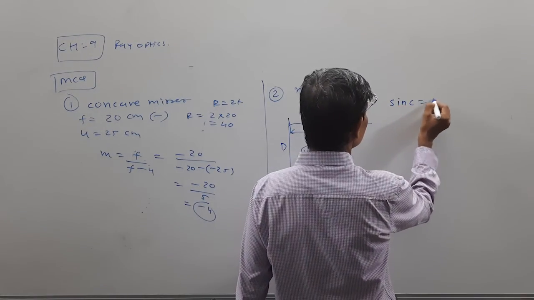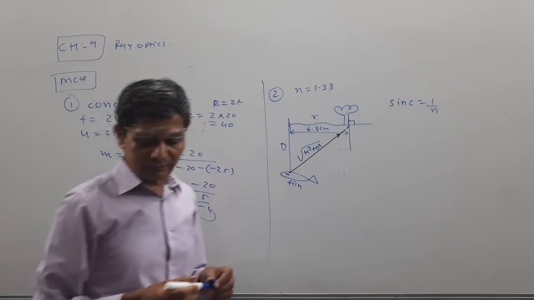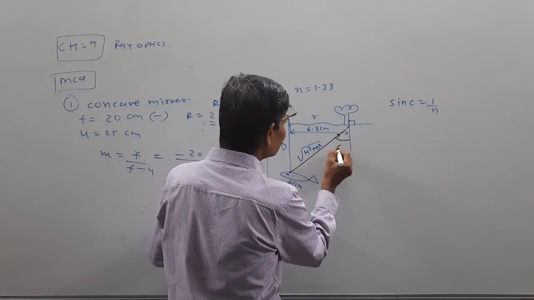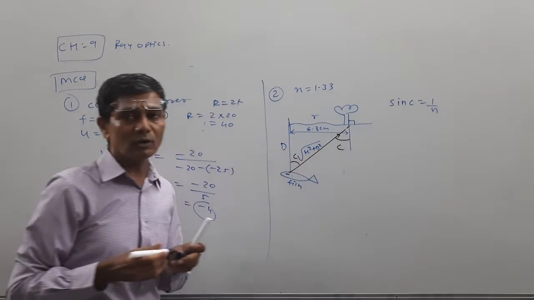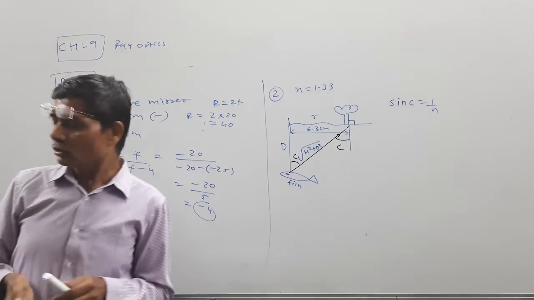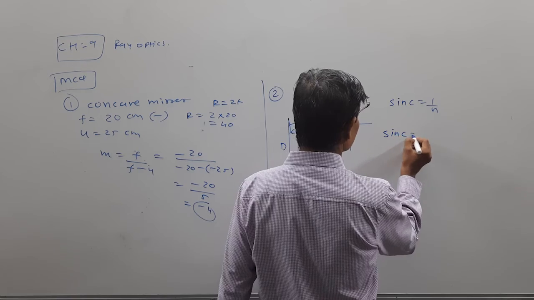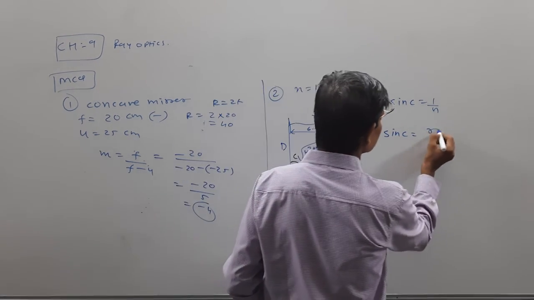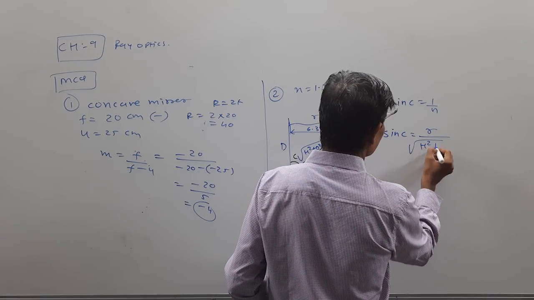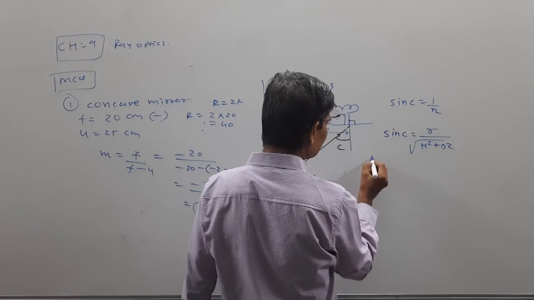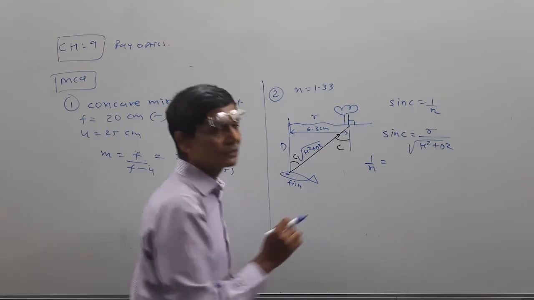See, sin C is 1 upon n. Now what you can see, if this is the critical angle, this also is a critical angle. Why? Because this is the transversal of two parallel lines. Now sin C is opposite upon hypotenuse. If we compare, n is the refractive index, so 1 upon n, both represent the critical angle.